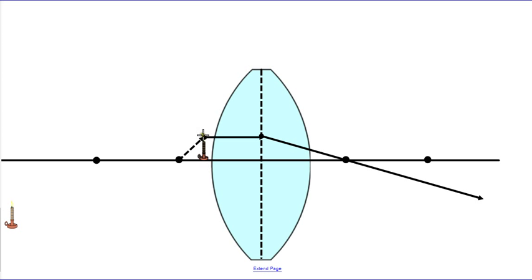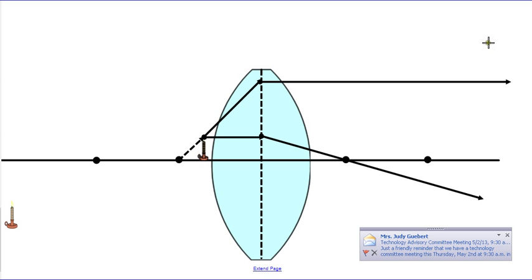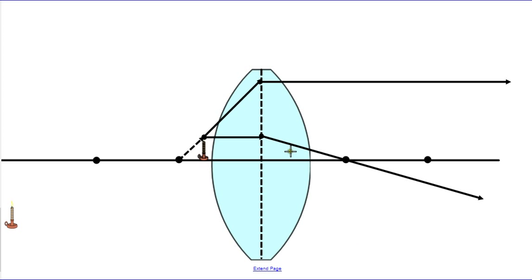So it's as if it goes from the 1f, and then it goes parallel. And what you should notice here is that these are diverging to the right, which means that they will converge to the left. And so now we need to draw our virtual rays as extensions of the refracted rays, and it'll look like this.